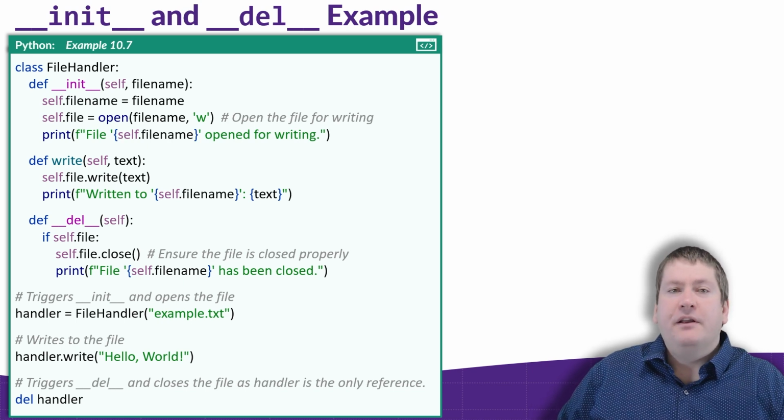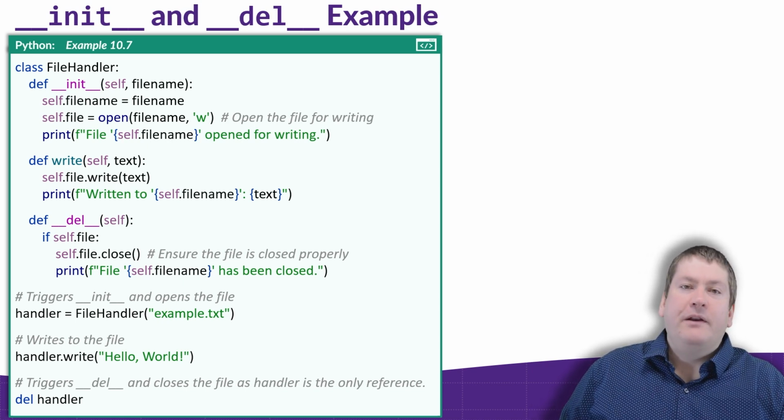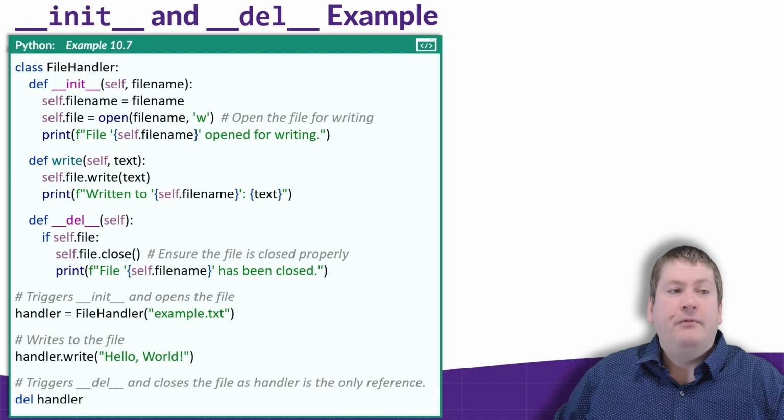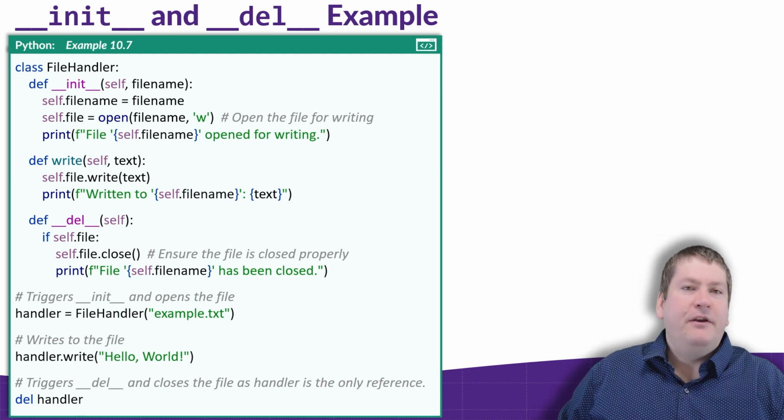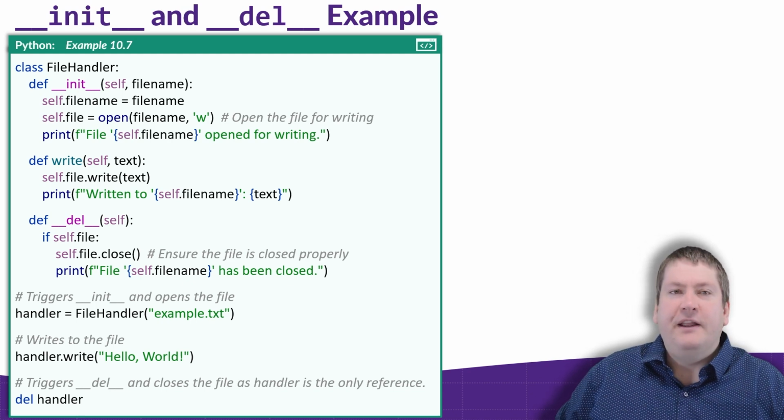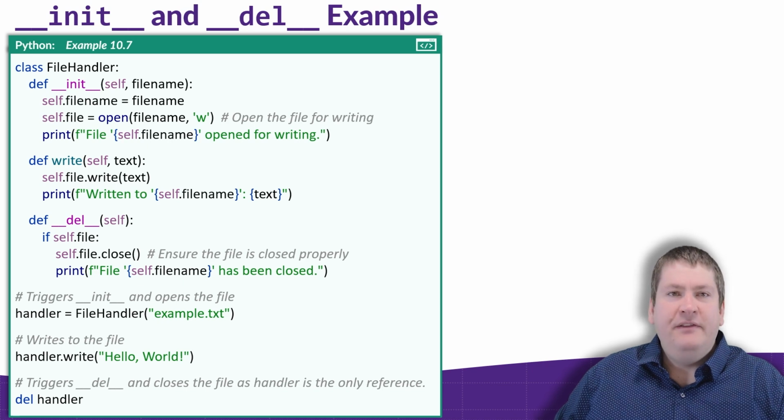And it's going to output to the console, written to whatever the file name is, and then the text written to it. Now, an important thing to note here is this is just sort of a silly example. In real life, we'd want to add a lot more error checking to something like this, and we might run into issues like if two of these were created and tried to write to the same file, so we need to check for things like that. But for now, it is a good demonstration of these methods.